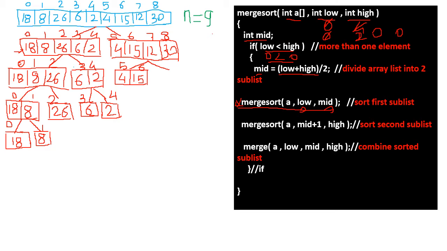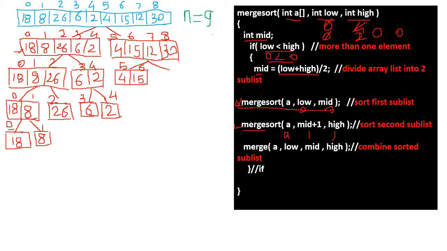Then we will perform the next merge sort function, that is, sort the second sublist. The second merge sort function is mid plus 1 and high. Here we get mid as 0, so mid plus 1 is 1, and high is also 1.